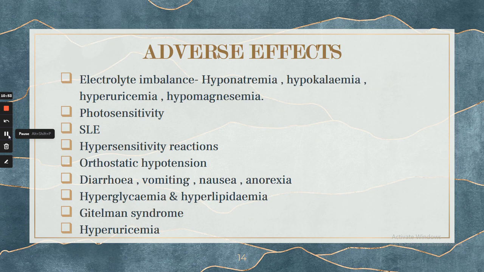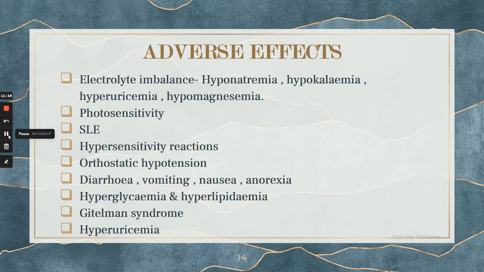Now moving forward, hyperglycemia also occurs. This occurs because hydrochlorothiazide stimulates glycogenolysis and also inhibits insulin secretion from the pancreas. This may exacerbate diabetes mellitus. Other adverse effects are photosensitivity, SLE, that is systemic lupus erythematosus, and hypersensitivity reactions.